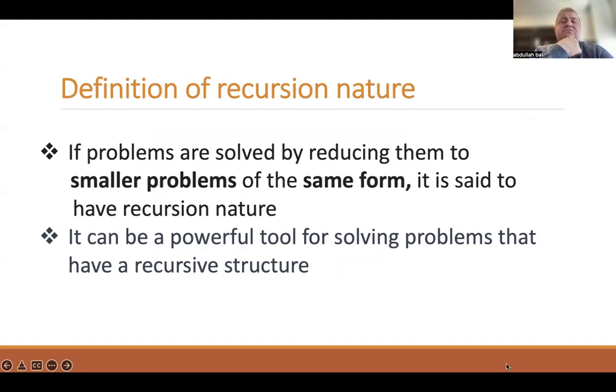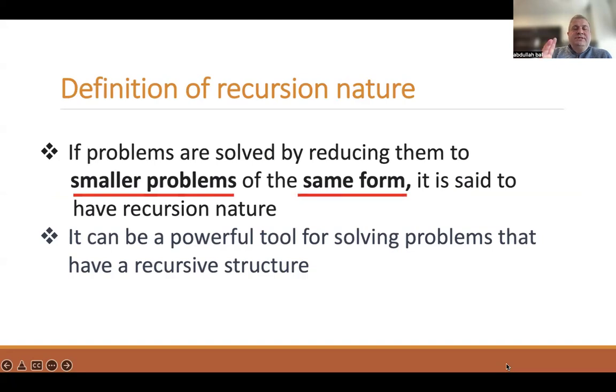How can we create recursive algorithms? If we can reduce the size of a problem to smaller problems with the same form, we can create recursive algorithms for those problems. And it can be a powerful tool for solving problems that have a recursive structure.